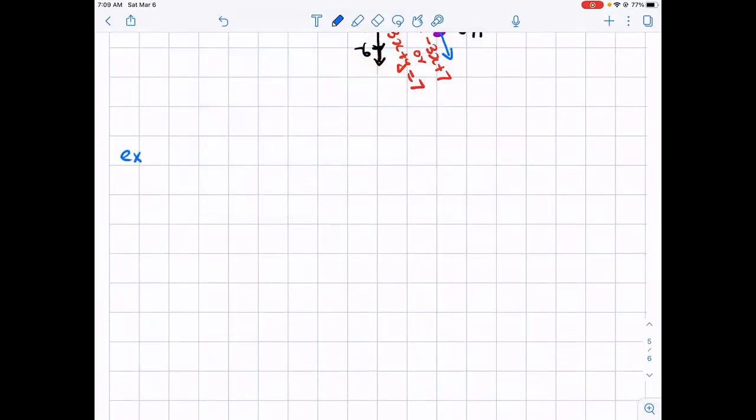So example, sketch the graph of, let's do an easier one first, y equals x squared minus 2. Okay. Let's look at that one.